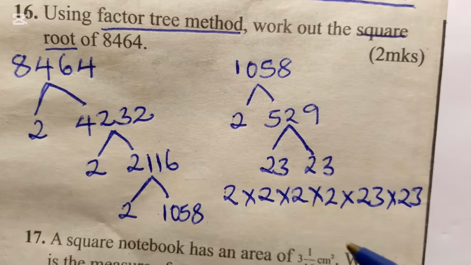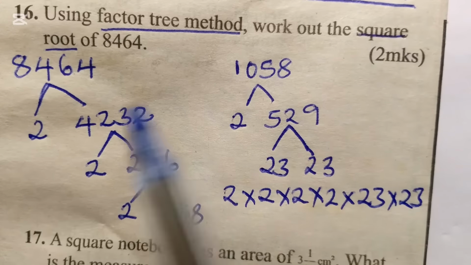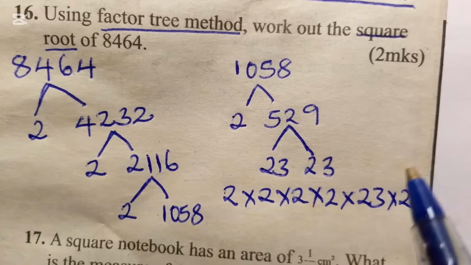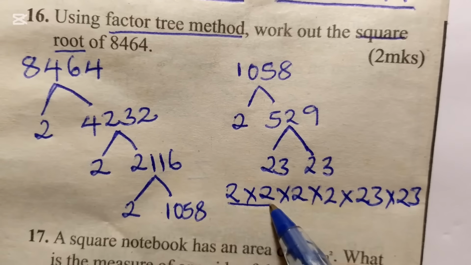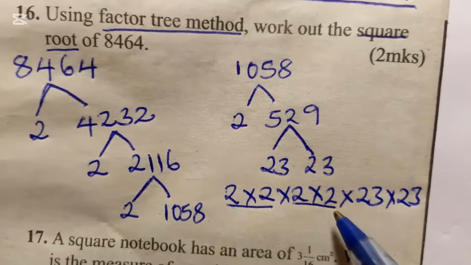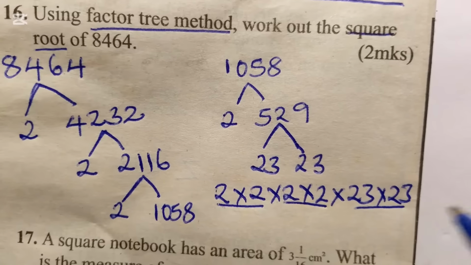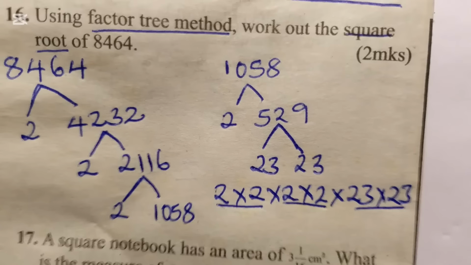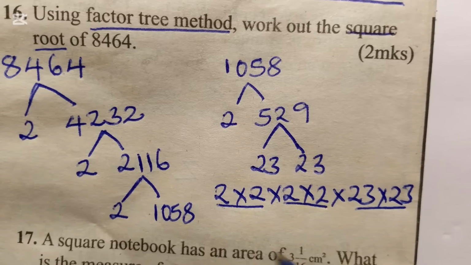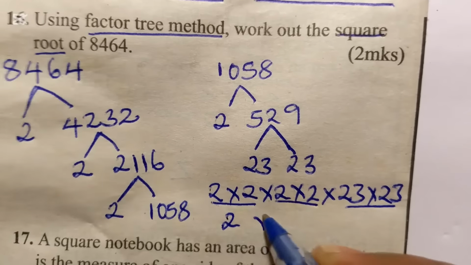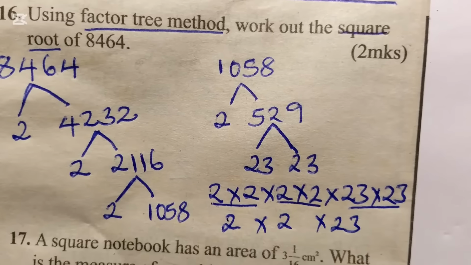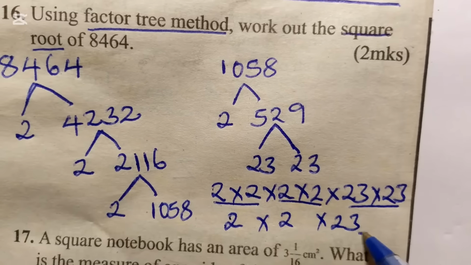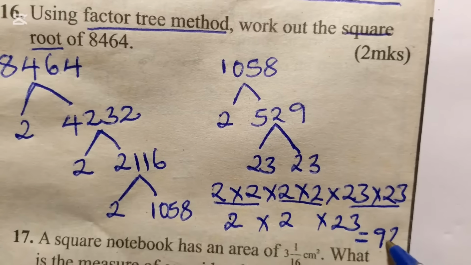So because we are looking at square roots, we are going to pair the numbers. So we'll have these 2, and these 2. Then from each pair we pick 1. So we'll have 2 times 2 times 23. And this is supposed to give us 92.